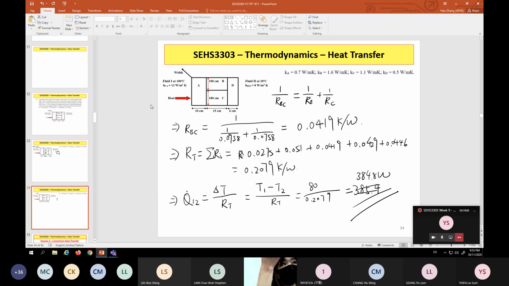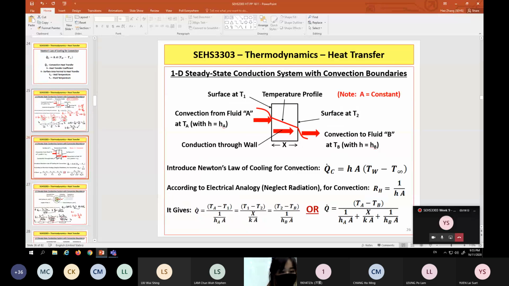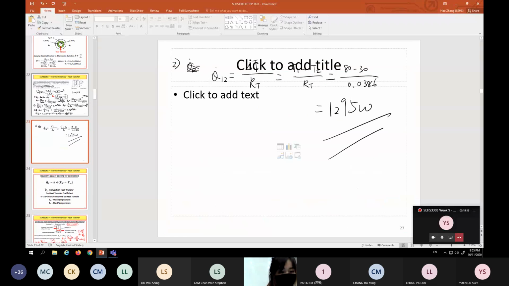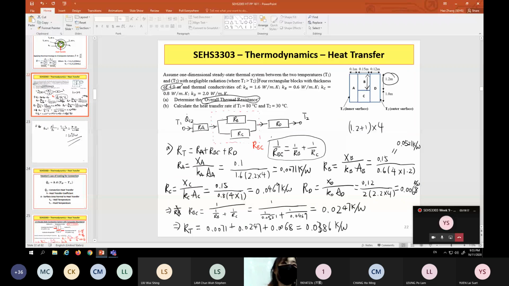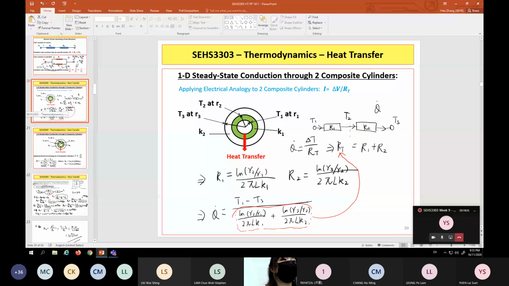Okay, you use a drop, voltage drop, temperature drop. Okay. If you forgot Ohm's law, go back and recall your memory of Ohm's law, okay? Try to understand the method behind it, okay.